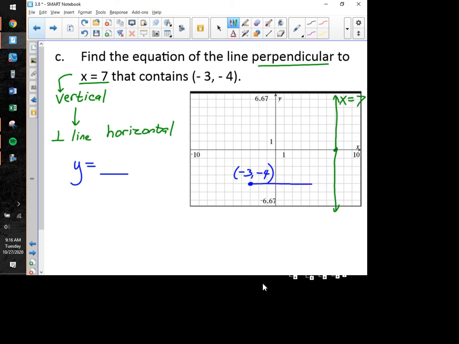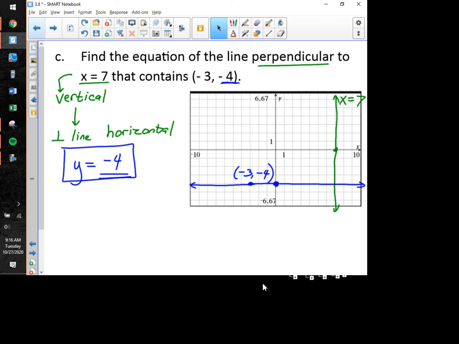It looks like this. And the number that I need right here, guys, is b, which is the y-intercept of that particular horizontal line, and that is going to be -4. That's your answer here, guys. Y equals -4, which again you'll notice is the y-coordinate of this particular point that it passes through.